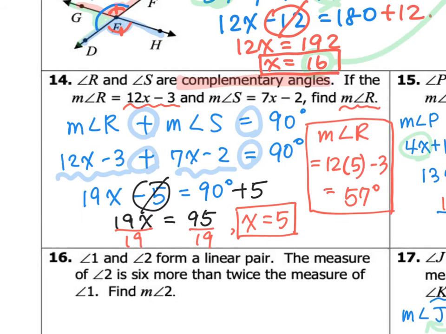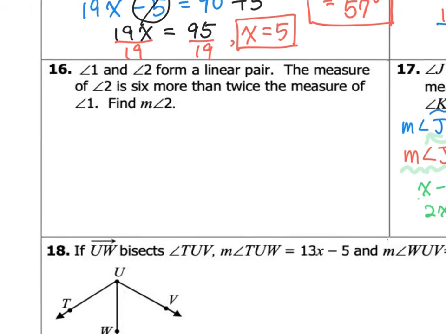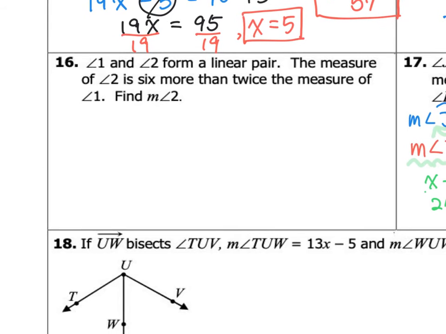Now we're moving on to number 16. Are you following along? If it's too fast, that's fine. You can always pause the video, finish checking your work, and take notes. All right. Angle 1 and angle 2 form a linear pair.